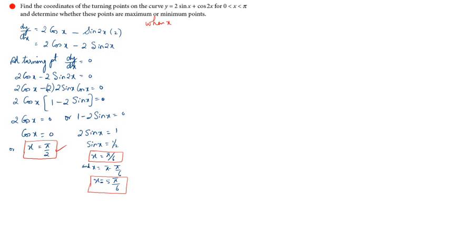When x is equal to pi by 2, d squared y by dx squared is equal to, now we have to differentiate the gradient again. So this is the gradient, and we have to differentiate this.